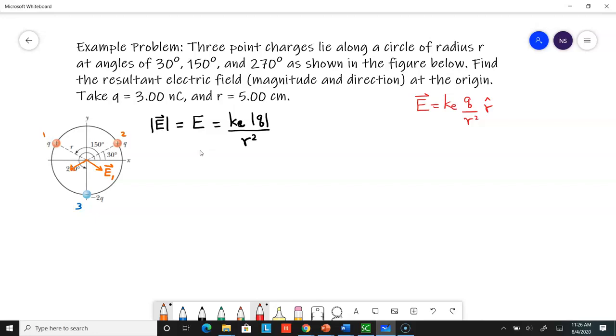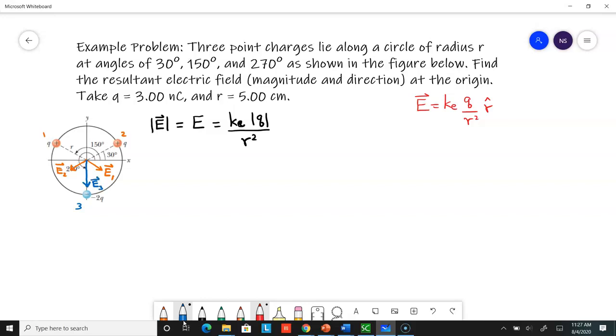It will have the same magnitude, same charge, same distance, so E2 would be like that. And then E3, electric field from the blue charge here, the negative charge, will be towards it. So that will be actually twice as big as that. So that represents my E3.